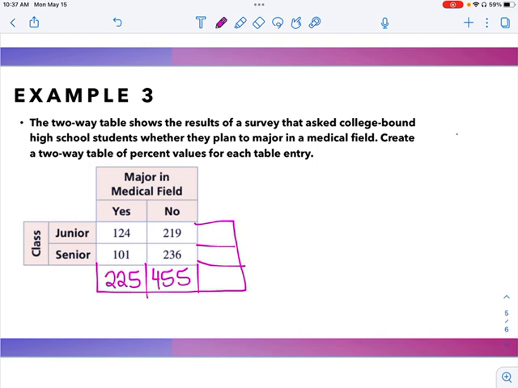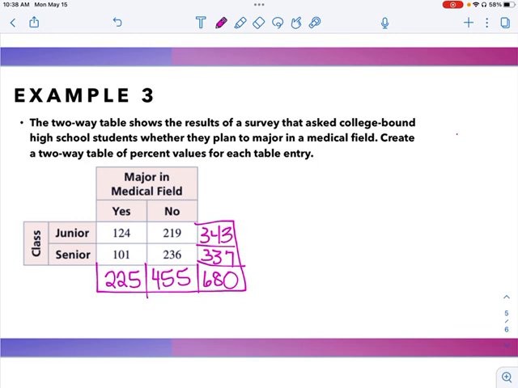And then if I add that to the 225, that means 680 people were asked in total. Then if I wanted to do the seniors, that would be 337. And the last one, if I take 124 plus 219, that's going to give me 343. Notice again, if we add going down, we get the same total.